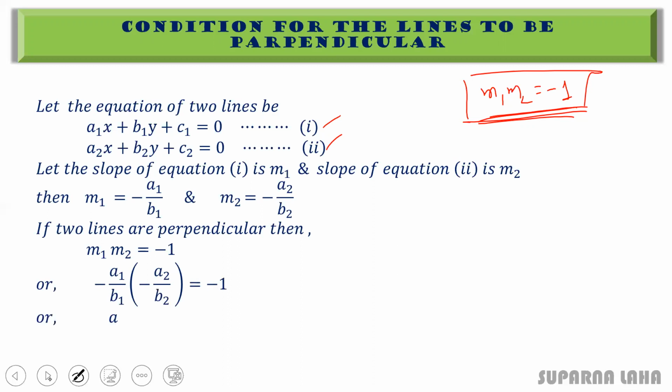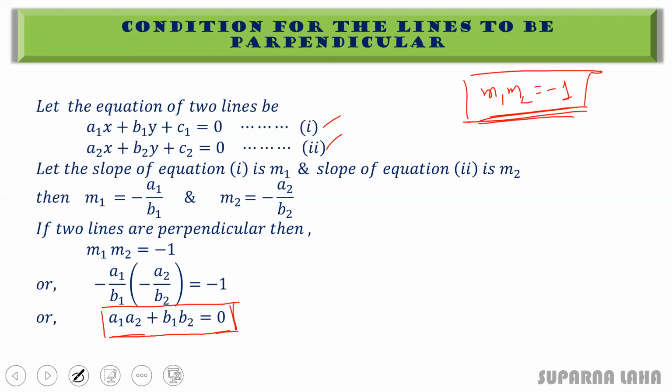Simplify it: A1 A2 equals minus B1 B2, and take B1 B2 to the left hand side. So A1 A2 plus B1 B2 equals 0 is the condition for perpendicular lines when their general equations are given. Okay, so this is the condition.